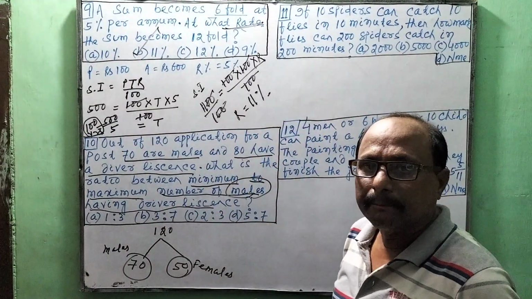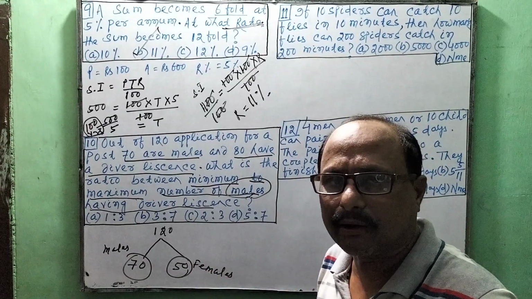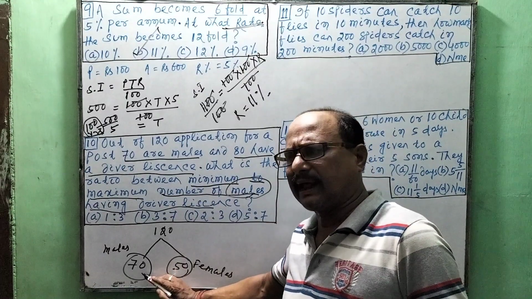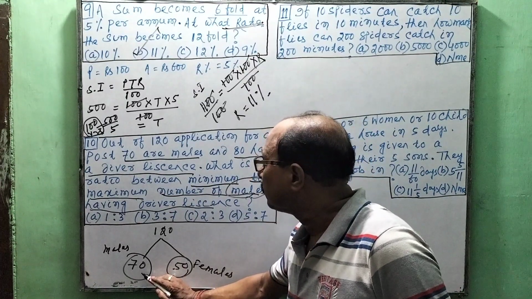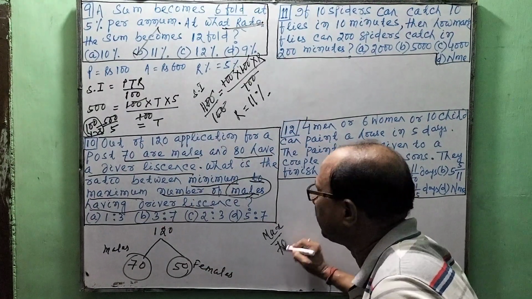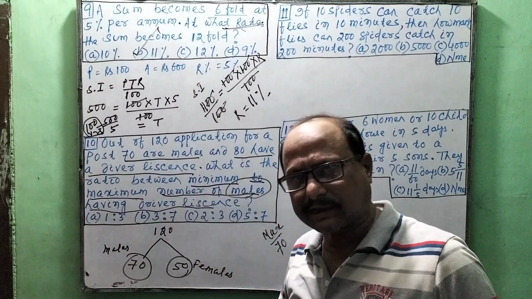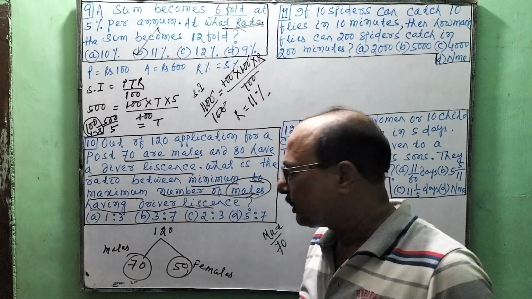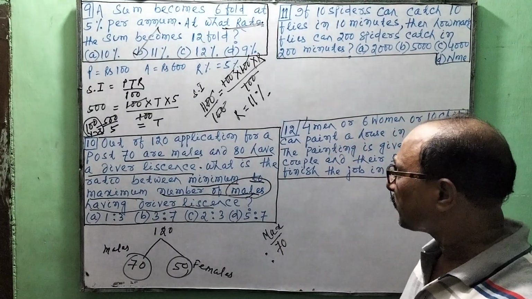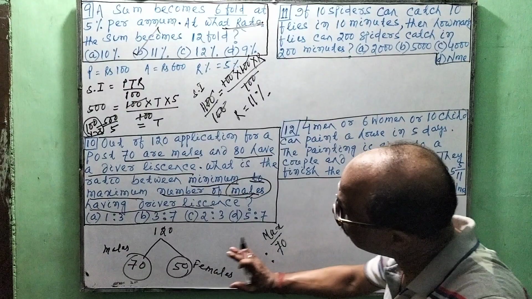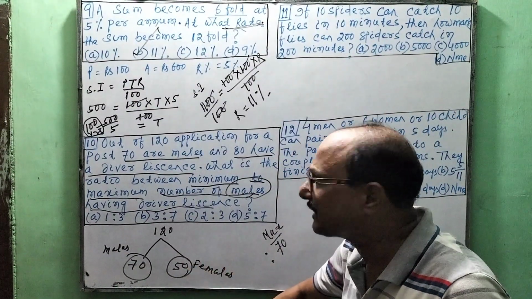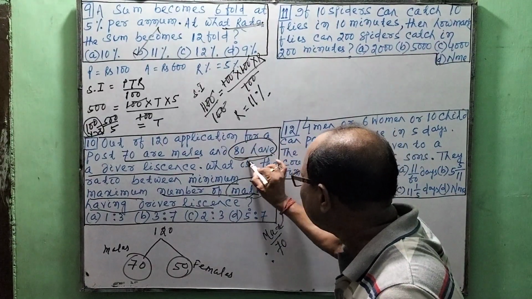Minimum कितना होगा? Maximum कितना होगा? उनका रेशियो कितना होगा? 70 males. Suppose all of them have a driving license, so that is the maximum. If 50 females have the driving license, the total driving license is 80.